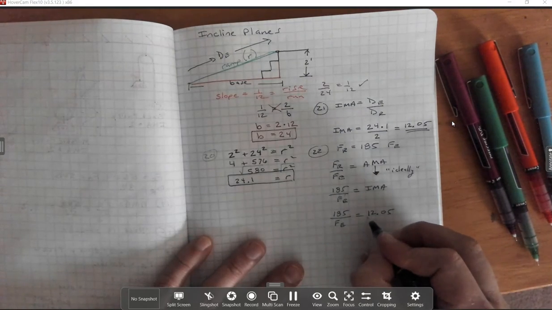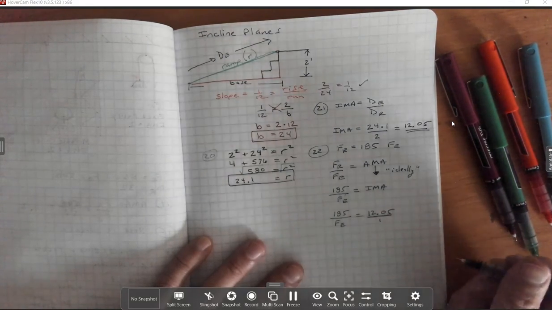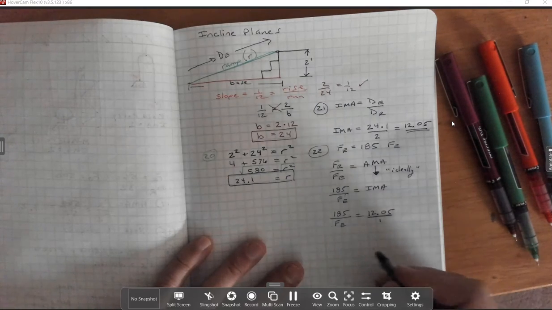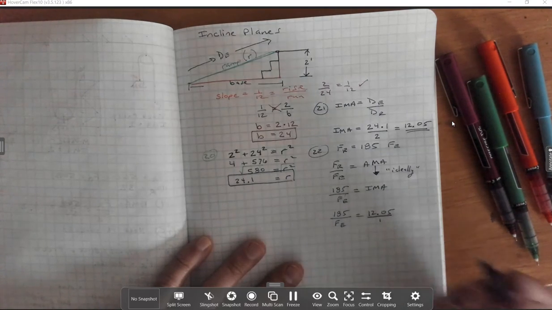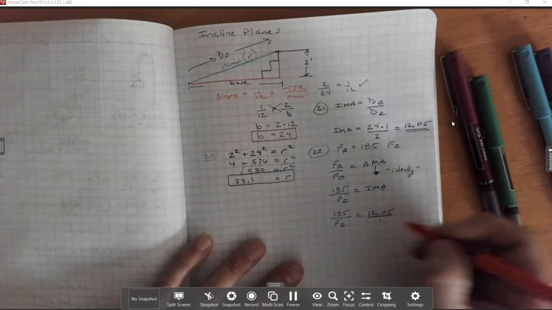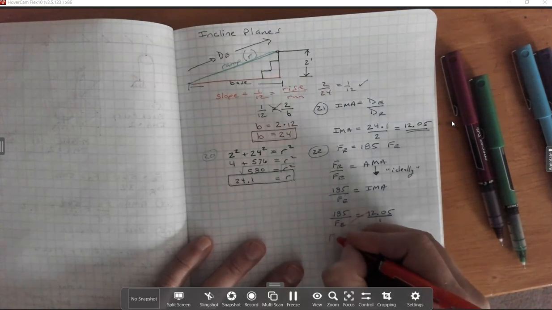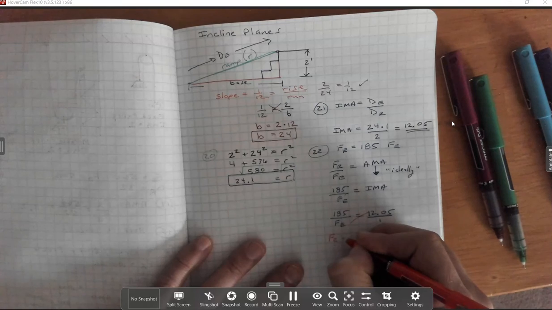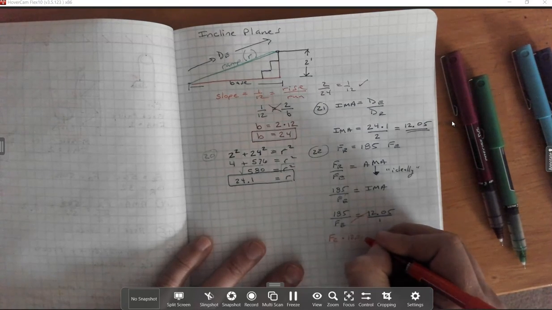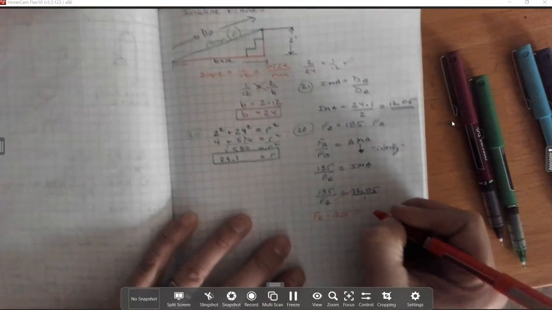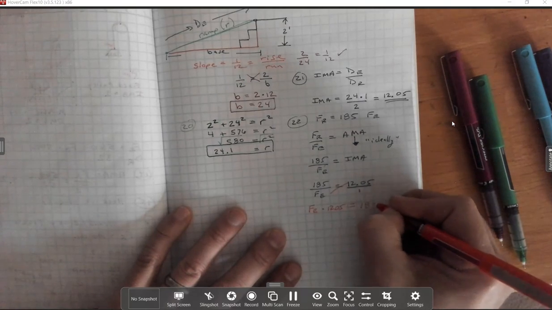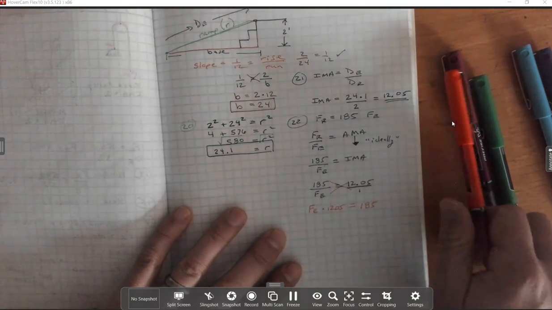Now that 12.05 is really a 12.05 over 1. And so again, this is a proportion where we can cross multiply. So I can say that FE times 12.05 is equal to 185 times 1, which is 185.